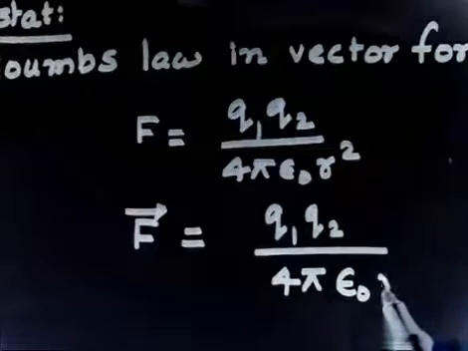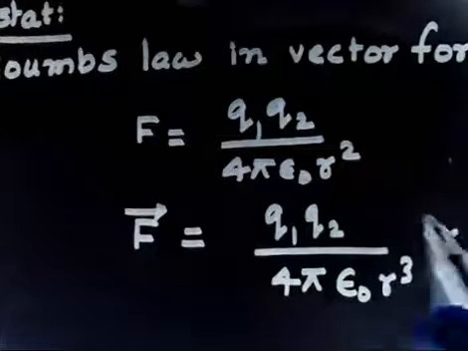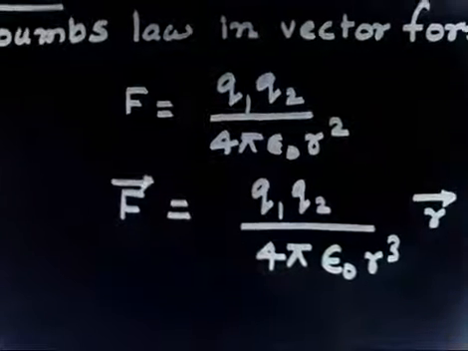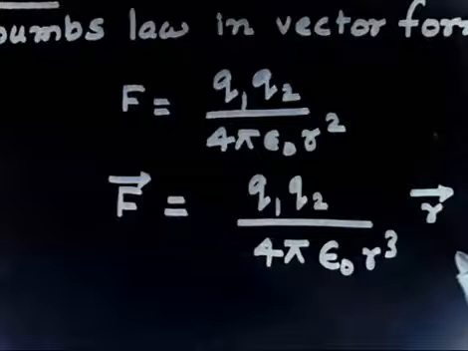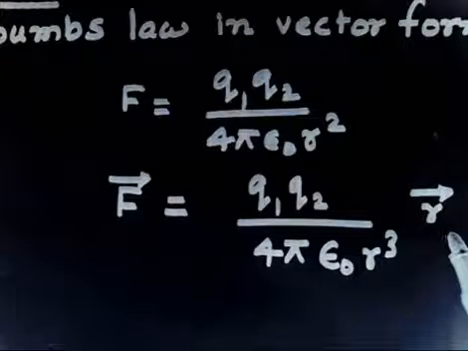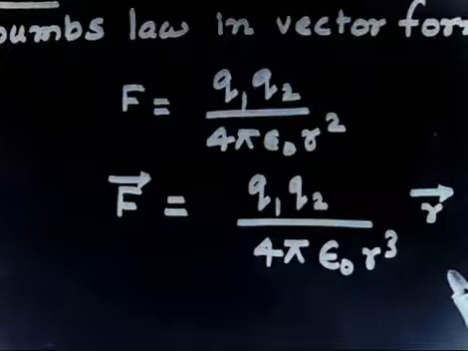R is the magnitude, and this vector r is along the line joining the two charges. Are you getting it or not?